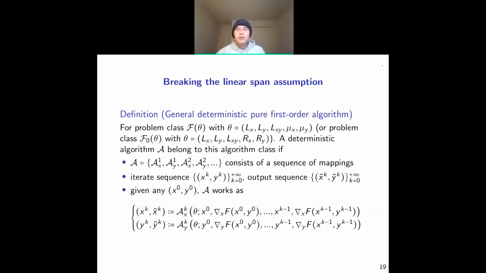So if we still consider our previous function class, f of theta, where theta is this whole bunch of parameters, or f0 of theta, just like this, we say a deterministic algorithm A belongs to this class if it satisfies the following conditions.